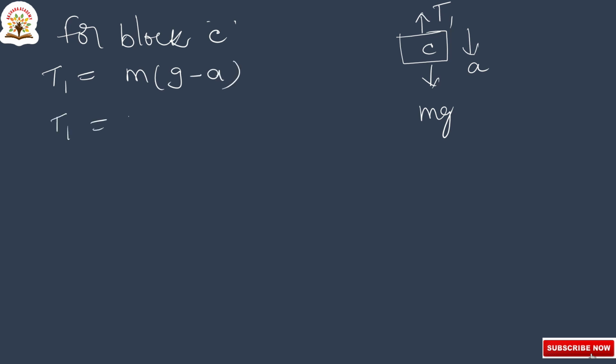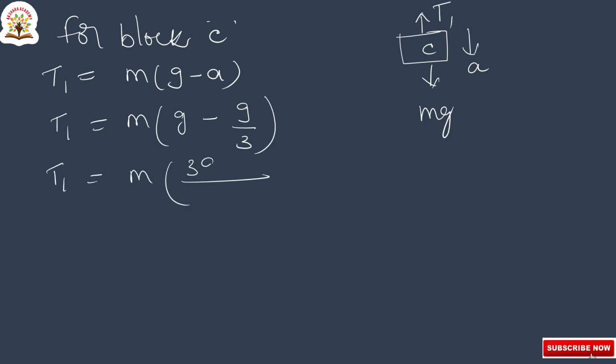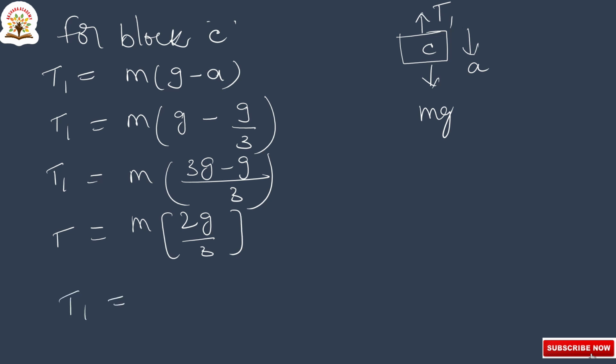T1 is equal to m of g minus a, nothing but g by 3. Now taking LCM, 3g minus g by 3, that is equal to 2g. So m of 2g by 3. So T1 is equal to m into 2g, 2mg by 3.